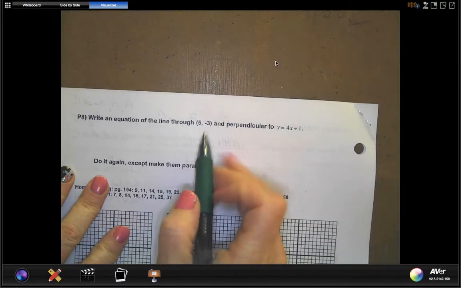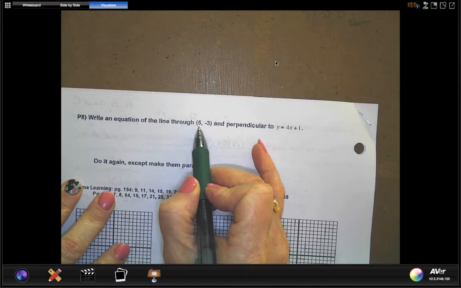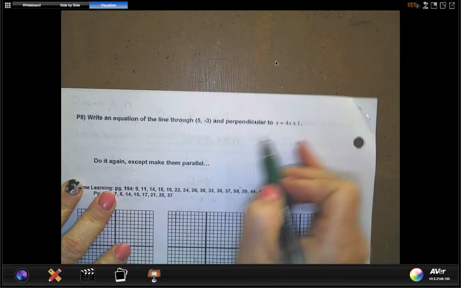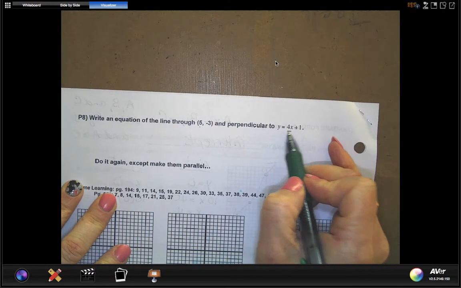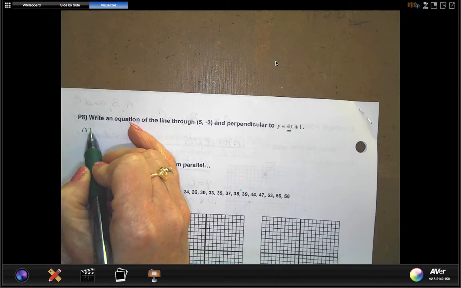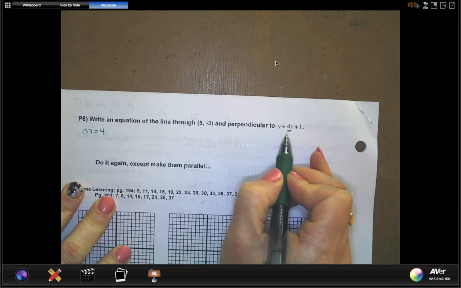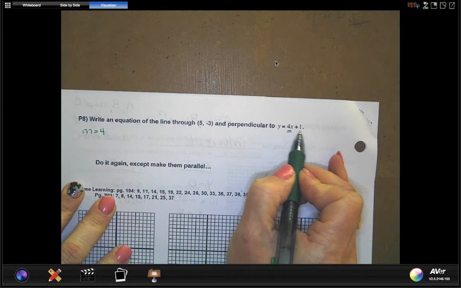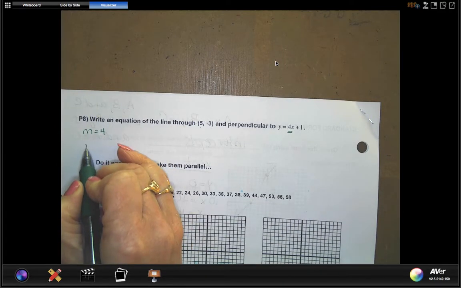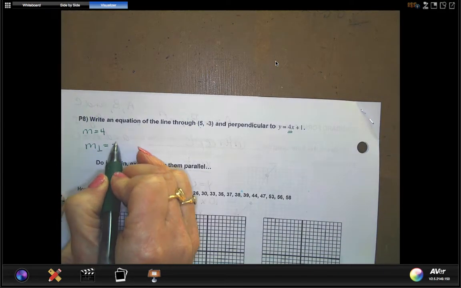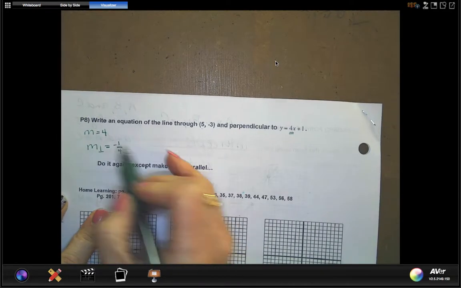Write an equation of the line through (5, -3) and perpendicular to y = 4x + 1. So the slope right here is 4 for this equation. It's already in slope-intercept form, y equals mx plus b, so I can just take out the slope. This means the perpendicular slope is going to be -1/4, that opposite reciprocal.